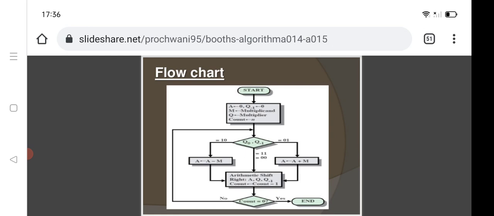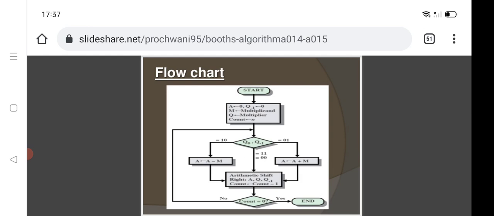Next, what is the next step? I need to check 2 bits. What are those 2 bits? I need to check the LSB, the least significant bit of the Q register, and the Q minus 1 register value. Both are 1-bit values. By these 2 bits, how many combinations will we get? 4 combinations.